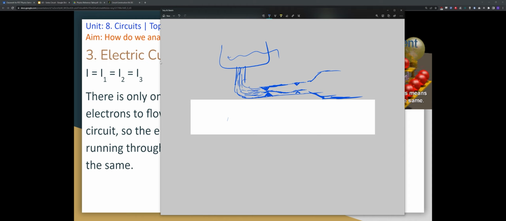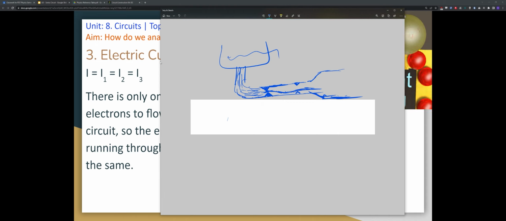So my water current throughout the entire path is the same. It doesn't matter how large or small this opening is. You're limited by the largest obstruction, because only so much water can flow through this pipe after the first opening.